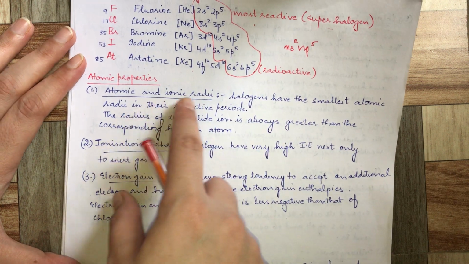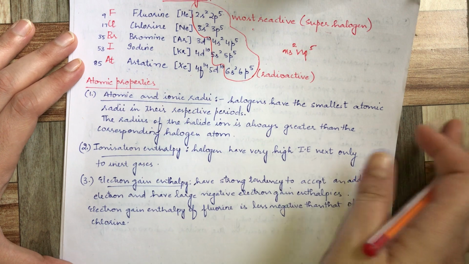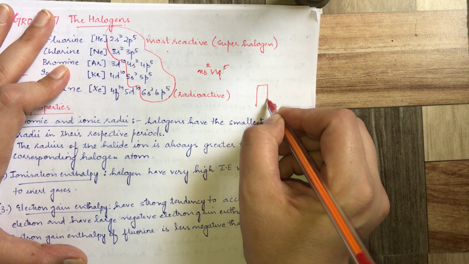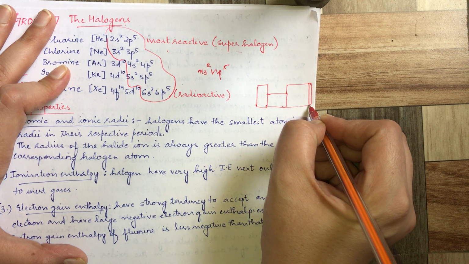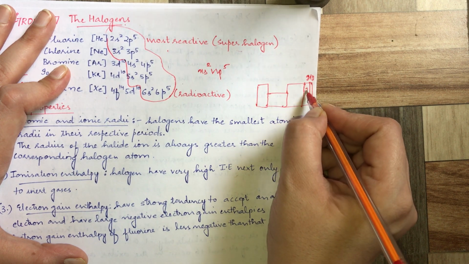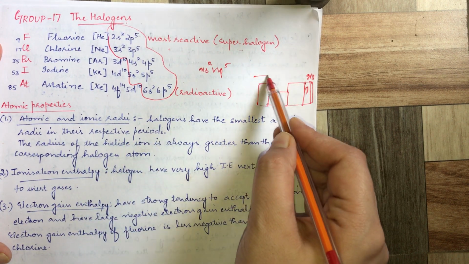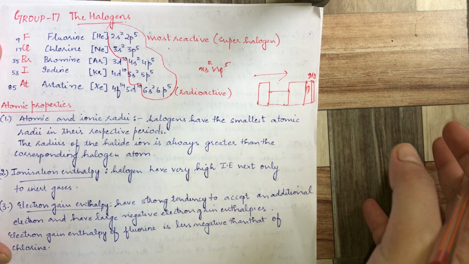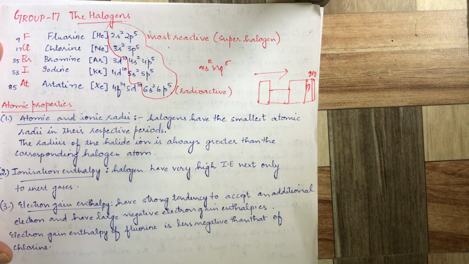The first is the atomic and the ionic radii. The point to note is, if this is the rough picture of the periodic table, this is the last group, that is group 18, and this is group 17. As we move along a period, the size decreases. The halogens are almost at the end.